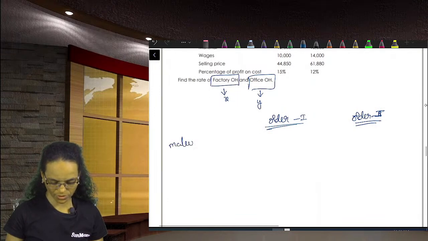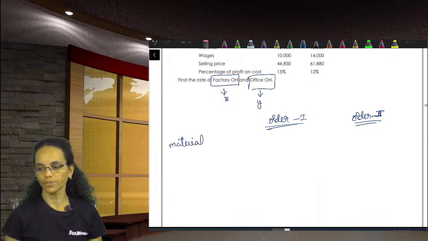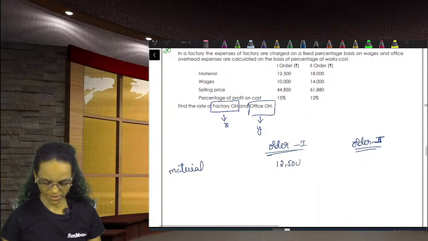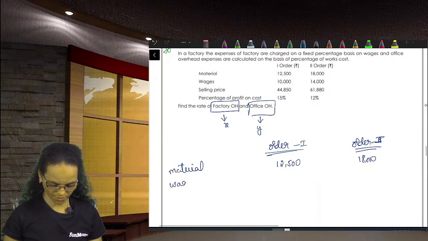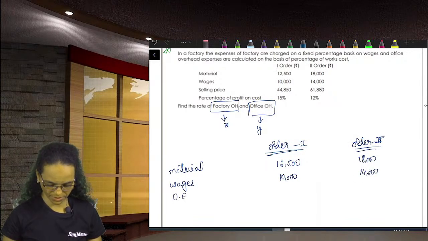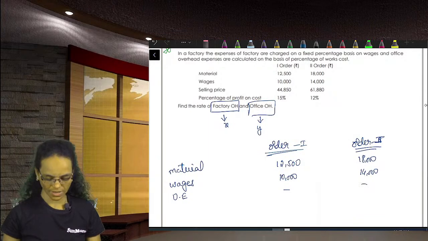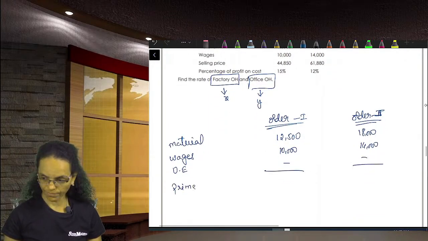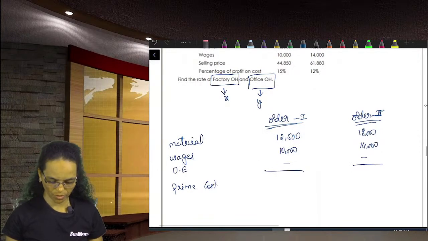Material, go back to your cost sheet. Material in first order 12,500 and 18,000. Wages 10,000 and 14,000. Direct expenses are not given, put them aside. So all together will be the prime cost. Prime cost 22,500.